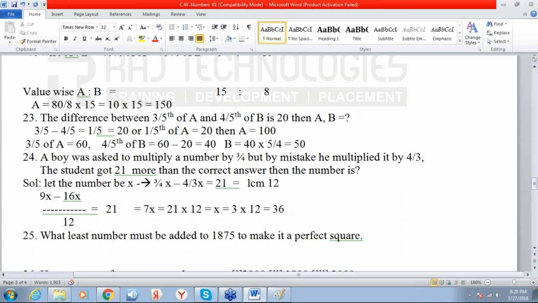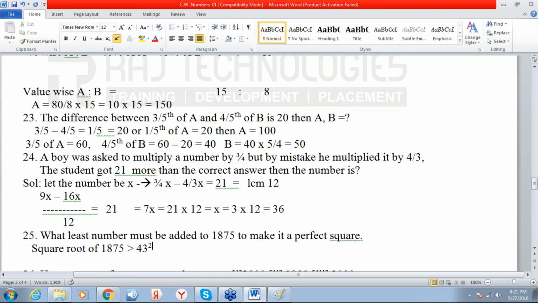If you take the nearest value, the square root of 1875 is greater than 43 square.